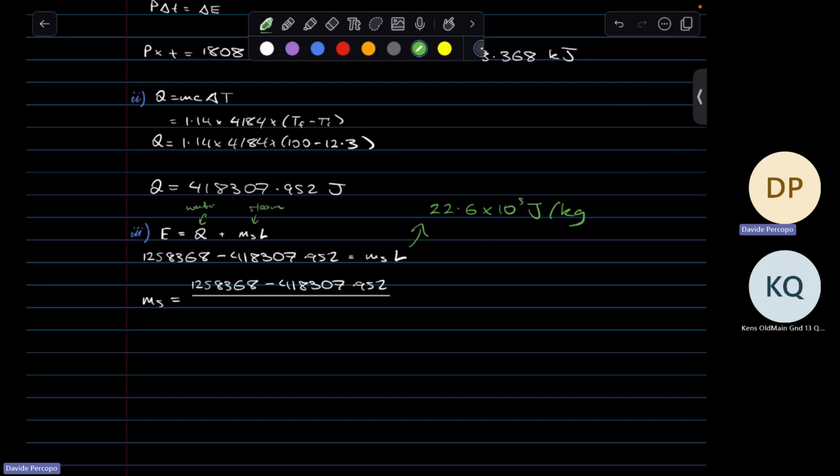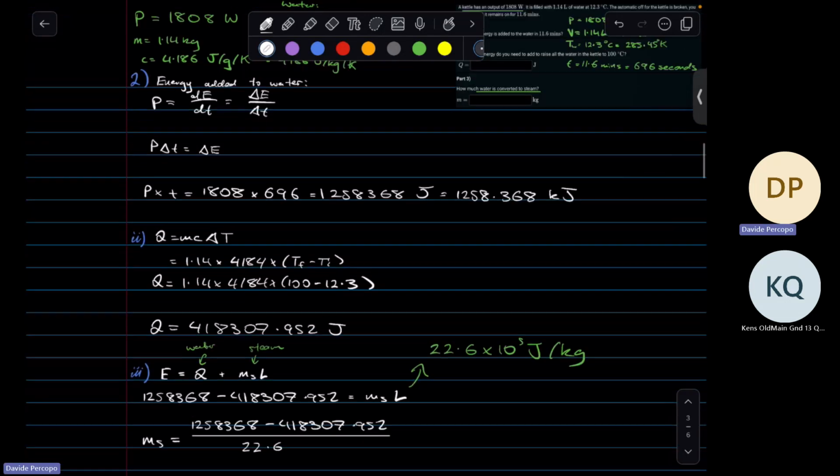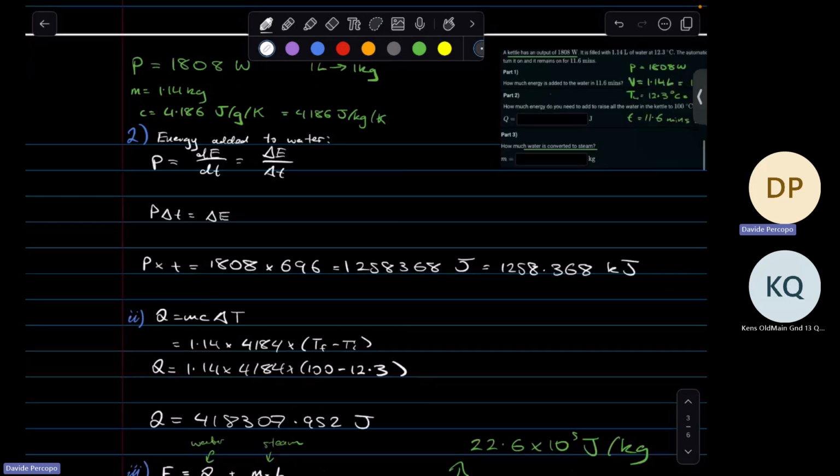That sounds right. That's just a constant. Just take and leave it. What was that, sorry? That's total energy, so that's from part 1. That was the energy added to water over 11.6 minutes.